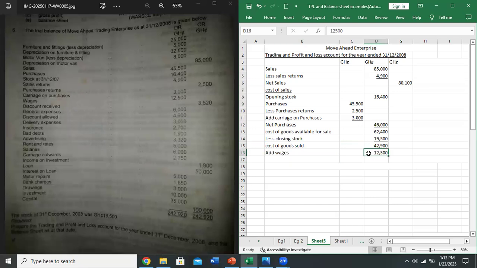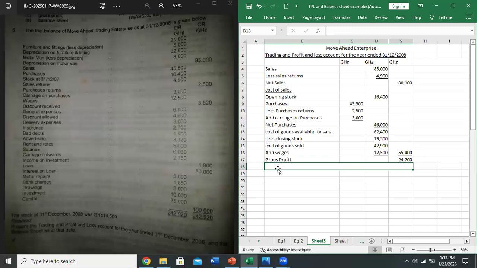So when we add, we get our cost of sales, which is now moved under the net sales, giving us 54,500. So all other things being equal, we'll get a gross profit of 24,700, and I want to believe my professors had the gross profit correct.